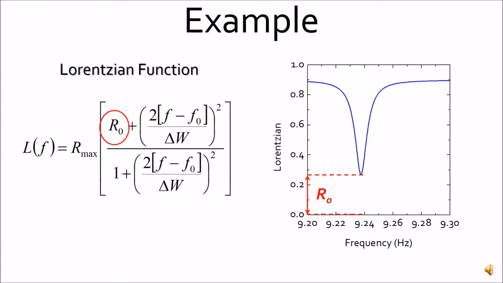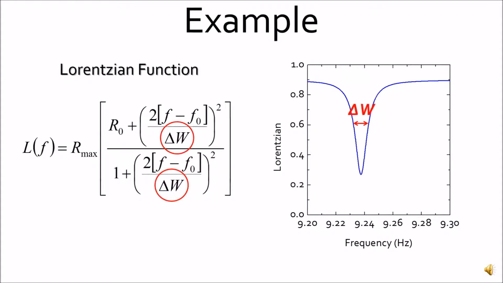We have another parameter, R0, which is the minimum of our Lorentzian function. We have F0, which is the frequency at which this minimum takes place. And we have a parameter delta W, which characterizes the width of this line shape.